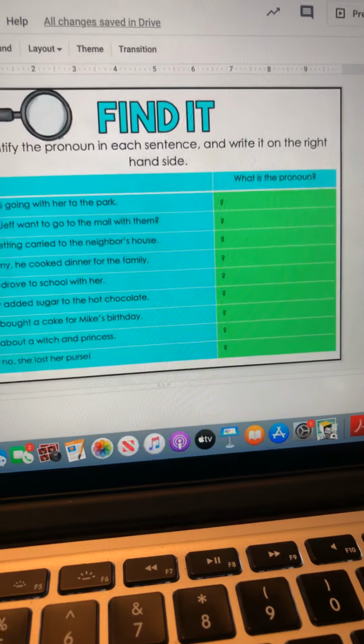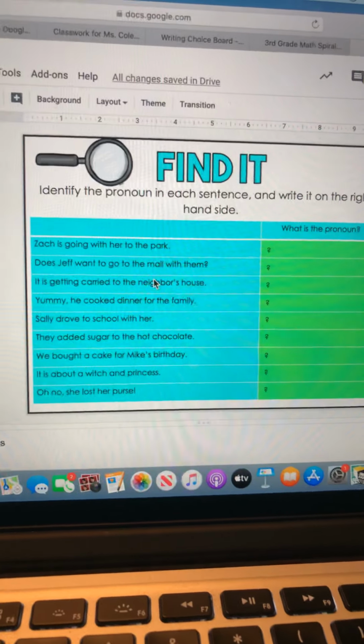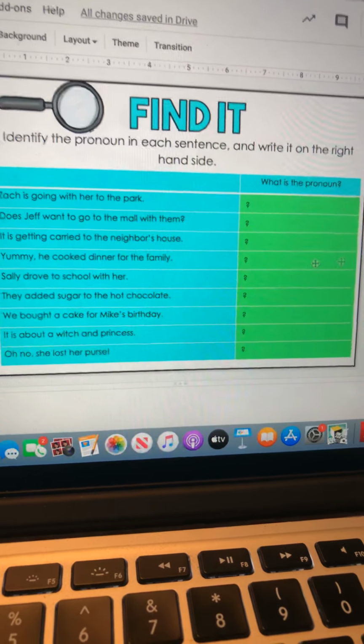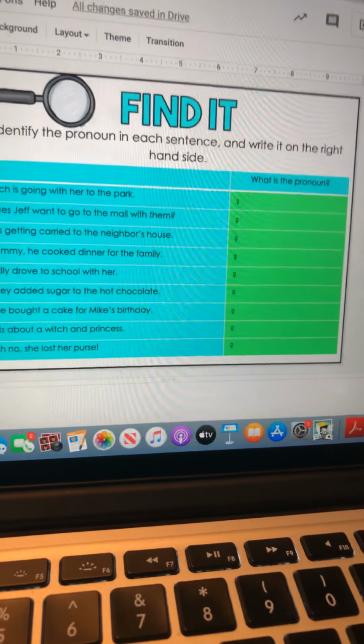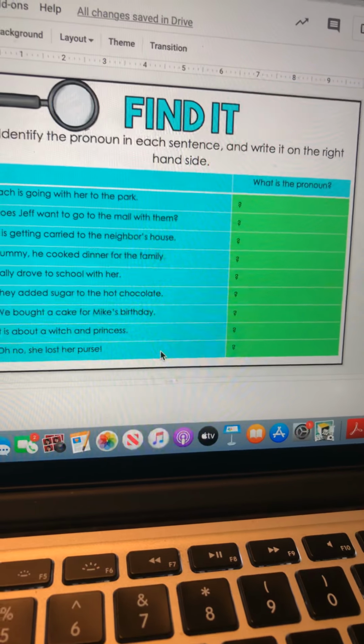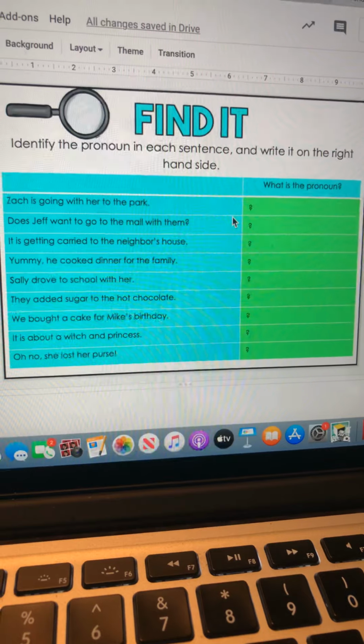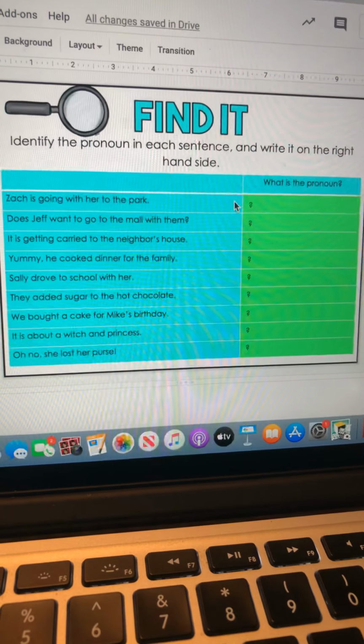All right, the next slide is find it. Identify the pronoun in each sentence and write it on the right-hand side. I'm going to go through each of these and read them out loud. For the first one, we're going to do it together. Zach is going with her to the park.